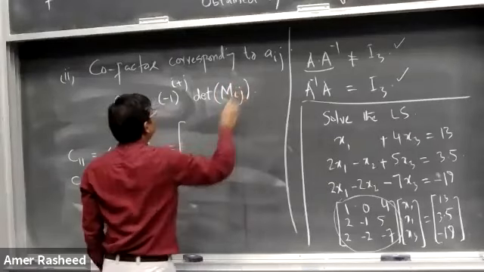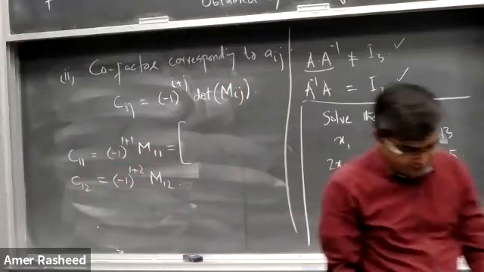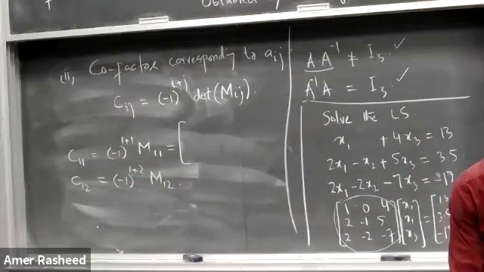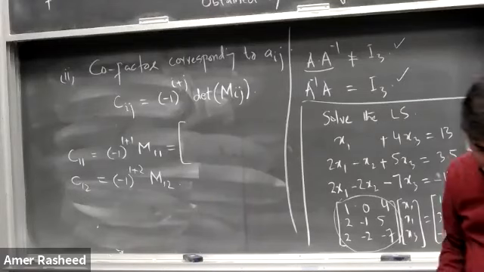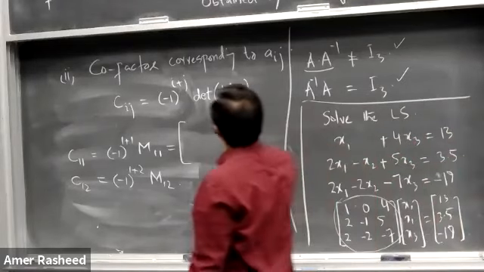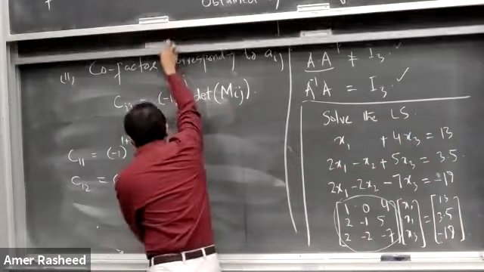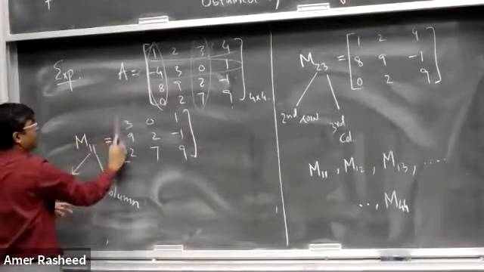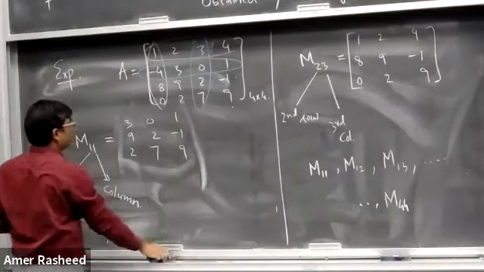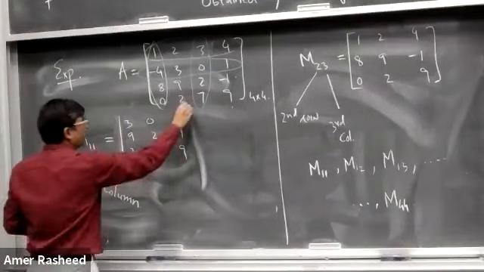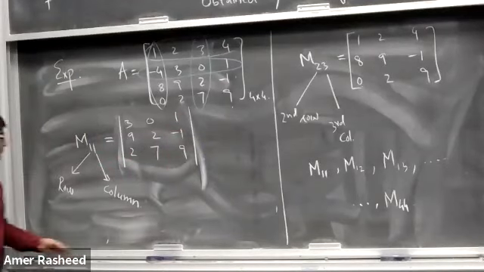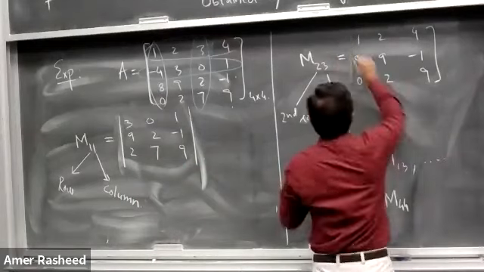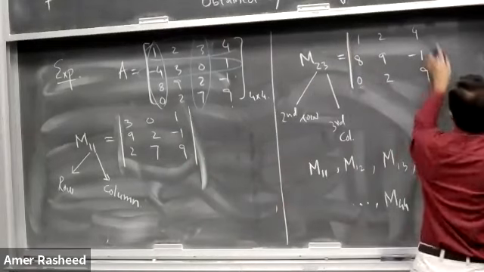I think this is the proper definition. Or in the minor as well, you have the determinant, not the matrix. So in minor, you must have the determinant here, not the simple matrix. This is the minor, it's just the determinant, M11.